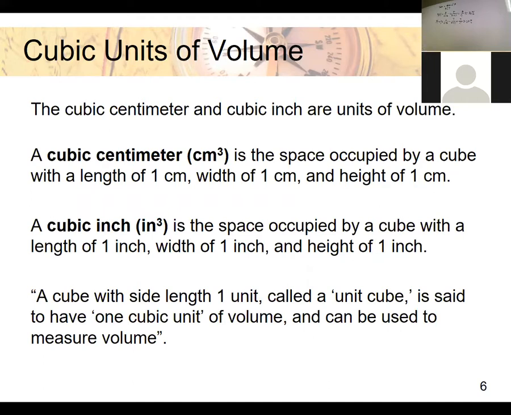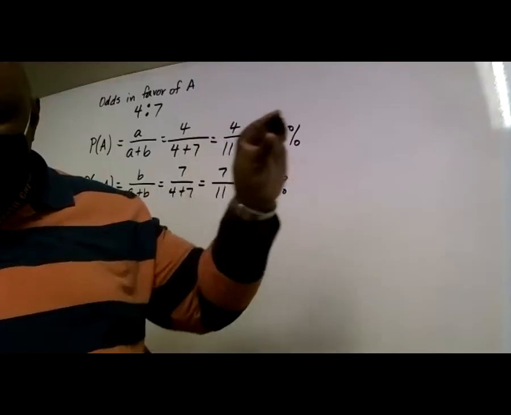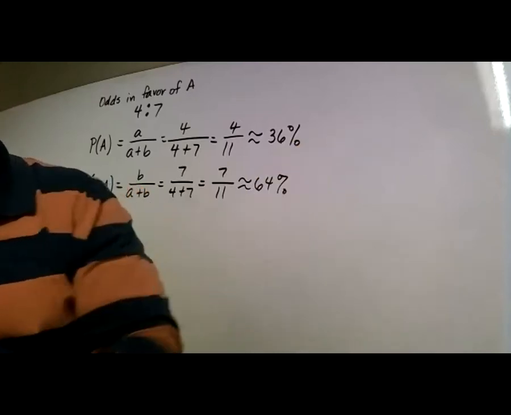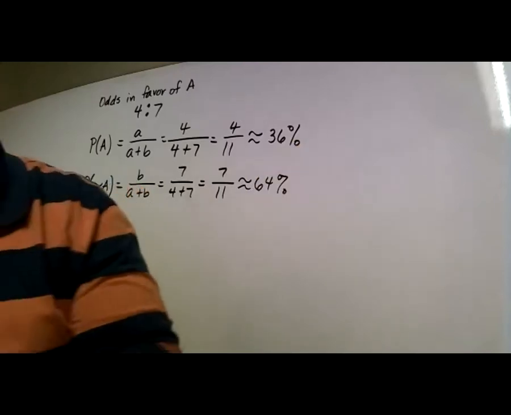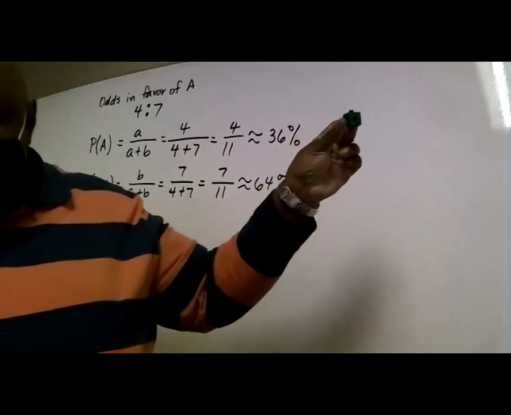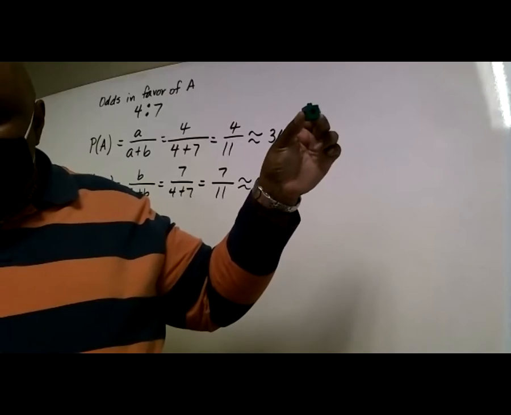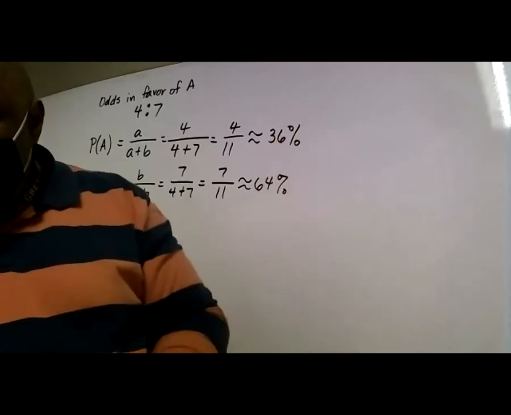So I think I have some cubes with me. Okay, so here's what a cube looks like. Oh, it's hard for you to see. Let me get a green one. Usually cubes like this have 1 centimeter as the length, the width, and the height.